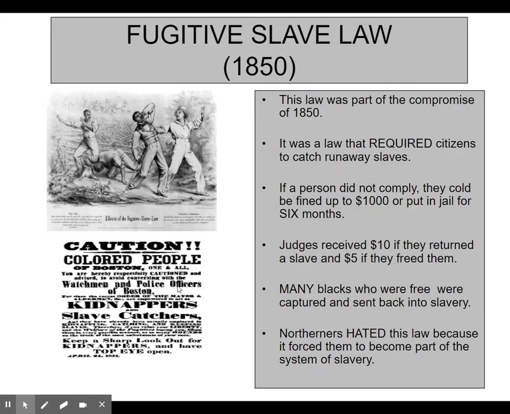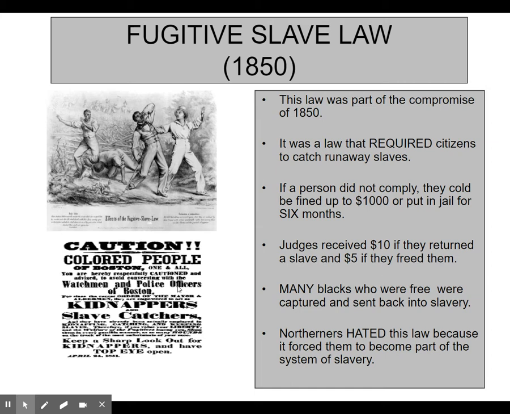All right, a little bit more about the Fugitive Slave Law of 1850. So again, this was a part of the Compromise of 1850, but this law already existed. However, it became more strict. So it required citizens to turn escaped slaves in, and people that aided escaped slaves in any way could be fined up to $1,000, a ton of money at this point in history.